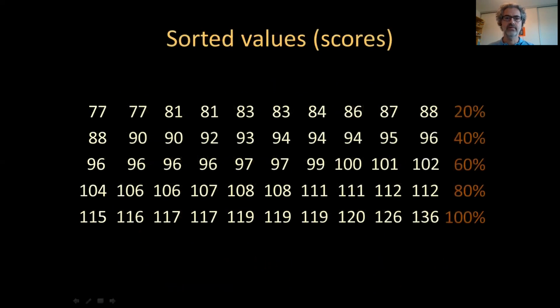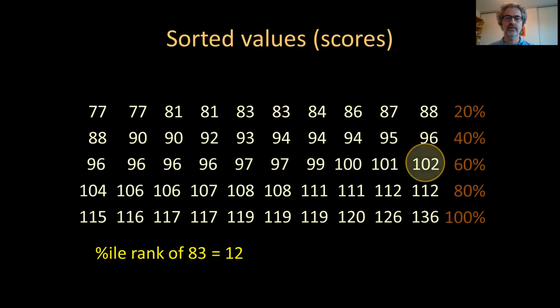And going back to our simulated data set, the percentile rank of 83 is the proportion or the percentage of scores that are less than or equal to it. So 83 is less than or equal to 6 values out of 50, which is 12%. Therefore, the percentile rank of 83 is 12.